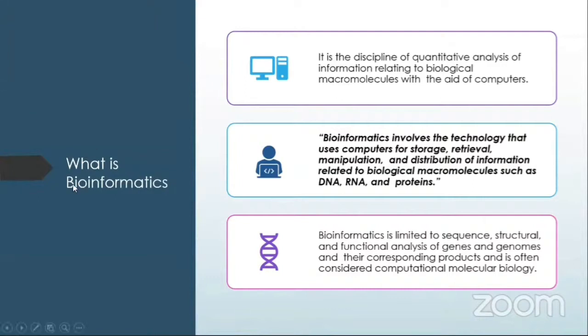You can just split the particular name: bio and informatics. It is nothing but having the knowledge of any biological data. You can apply the biological data with respect to an informatics approach. That is a simple definition of bioinformatics.